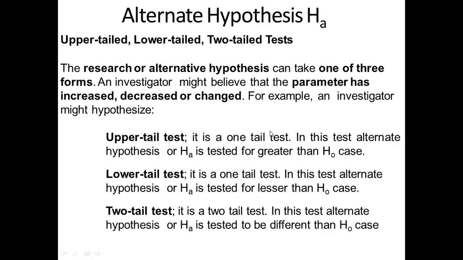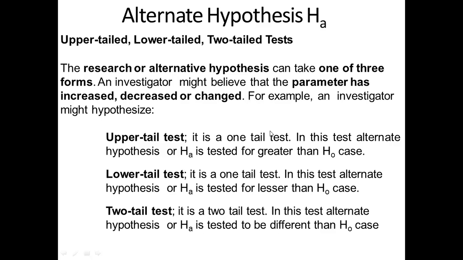One is called the upper tailed, second is called the lower tailed, and third is called the two tailed. The research or alternative hypothesis can take any of the three forms, and the researcher or the investigator might believe that the parameter has increased, decreased, or changed.